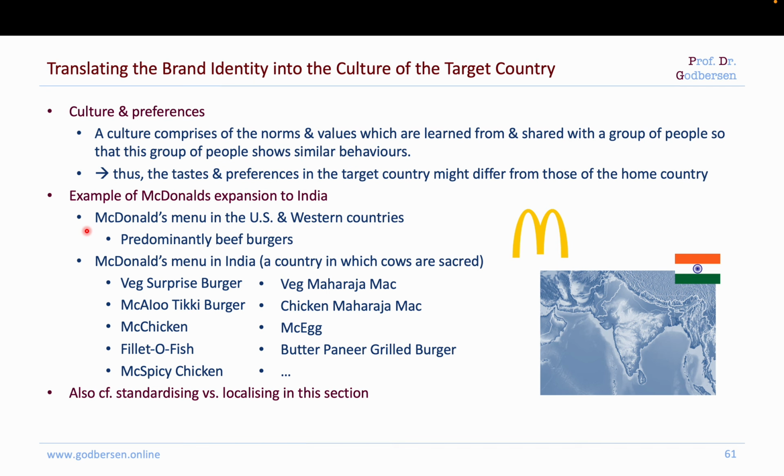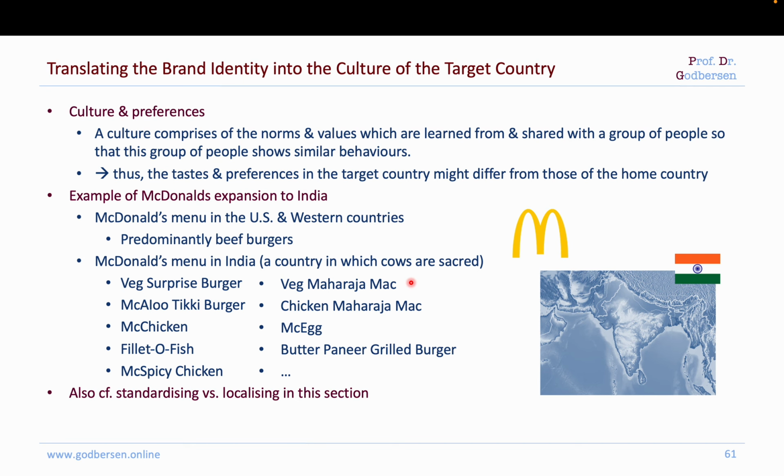If you look at the McDonald's menu in India, you find veg burgers, McChicken, Filet-O-Fish, Maharaja Mac, and so forth. So you won't find a beef burger, but lots of vegetarian burgers, lots of spicy stuff, lots of curry burgers, and so forth.